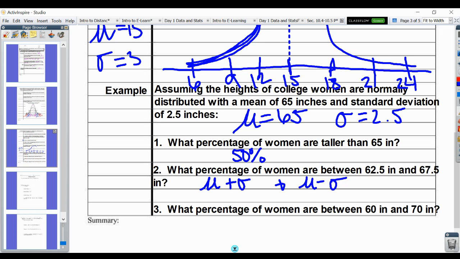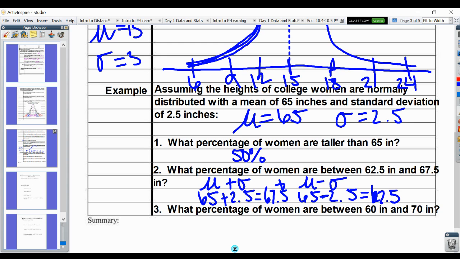So for us, that would be 65 plus 2.5, and then 65 minus 2.5. You get 67.5 and 62.5.